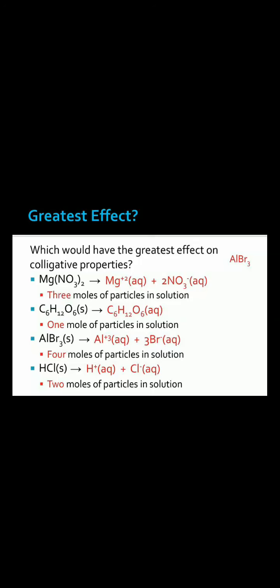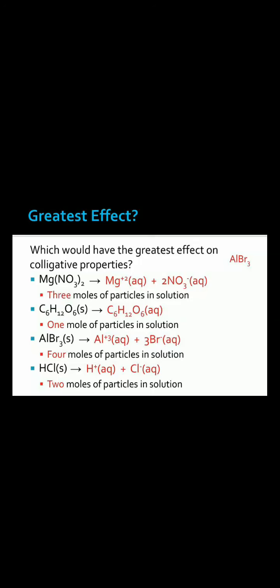Magnesium nitrate produces 3 moles of particles in solution, 1 Mg2+ and 2 nitrate ions.